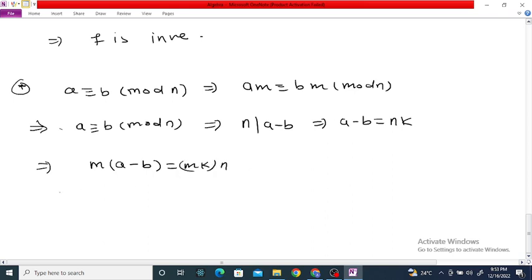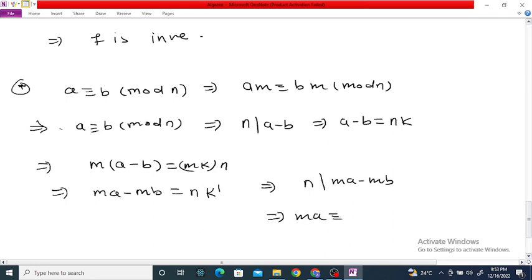So ma minus mb is equal to n times k dash, and this implies n divides ma minus mb, and this implies ma is congruent to mb modulo n. So this is what we wanted to prove.